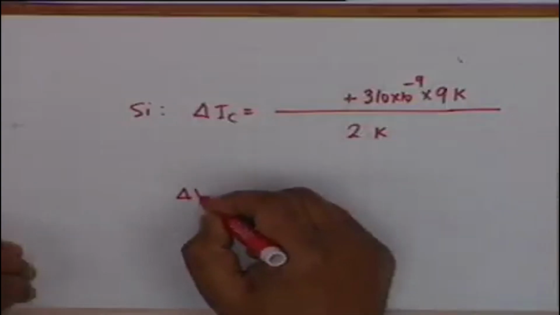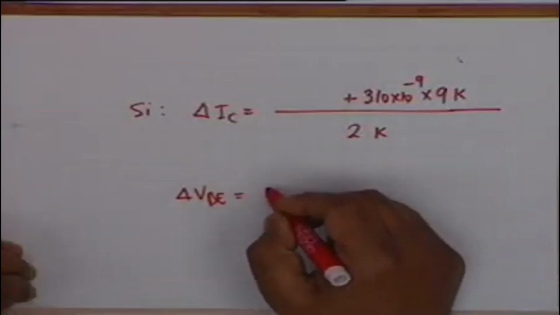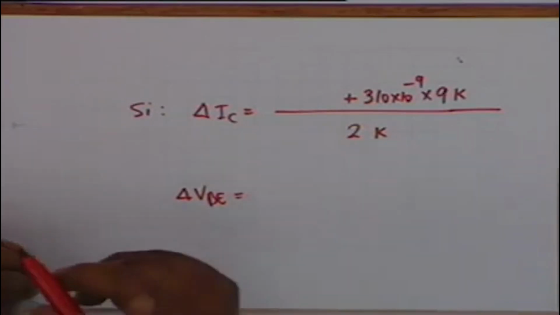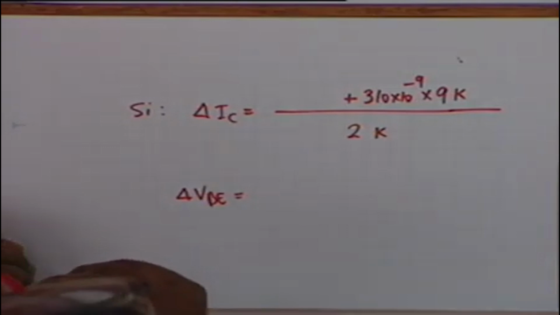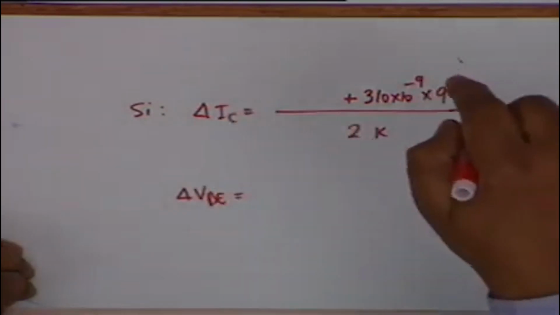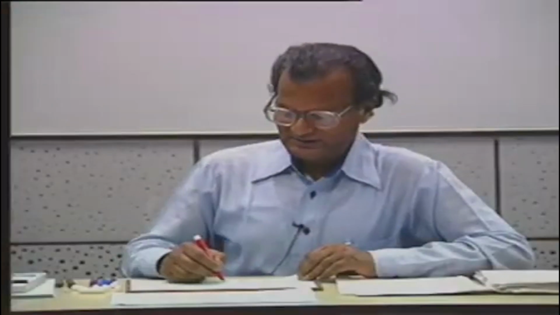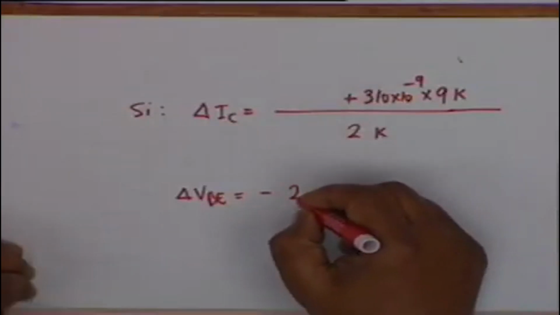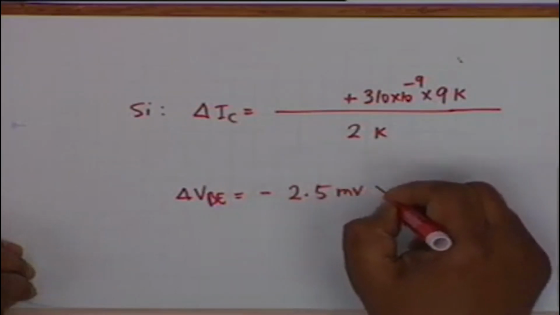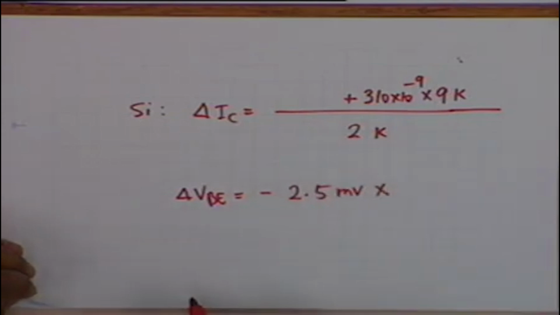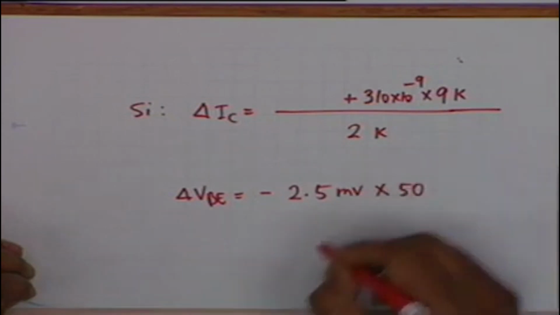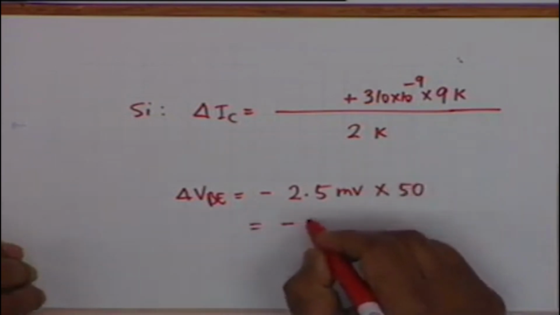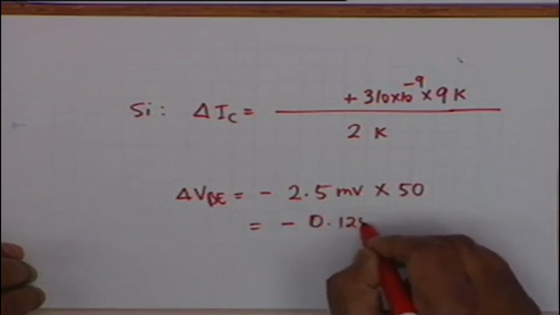So what would be delta VBE? Delta VBE is negative, but because of minus delta VBE it will be an addition, and delta VBE therefore shall be minus 2.5 millivolt multiplied by 50, which is equal to minus 0.125 volt.